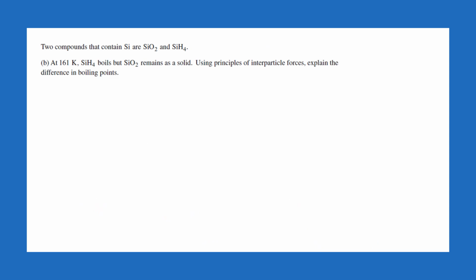Okay, we have two compounds with silicon, silicon dioxide, and SiH4. I'm not quite sure how you name it. Silicon tetrahydride, maybe? I don't know. But the SiH4 boils, but silicon dioxide remains a solid. Using principles of interparticle forces, which is just intermolecular forces, explain the difference in boiling point.